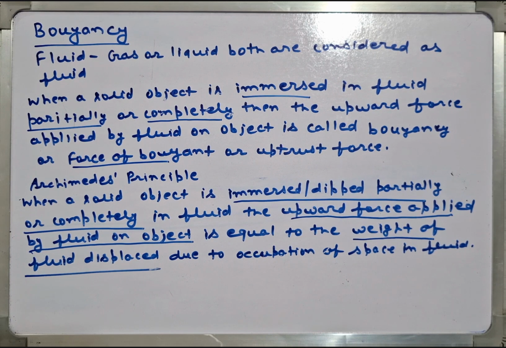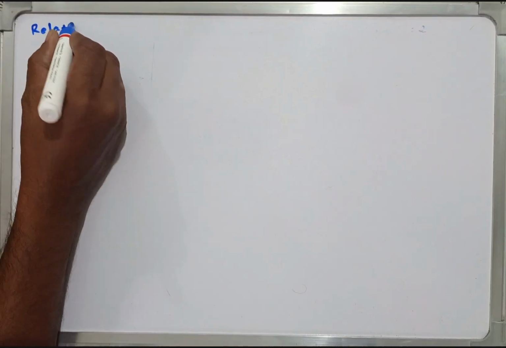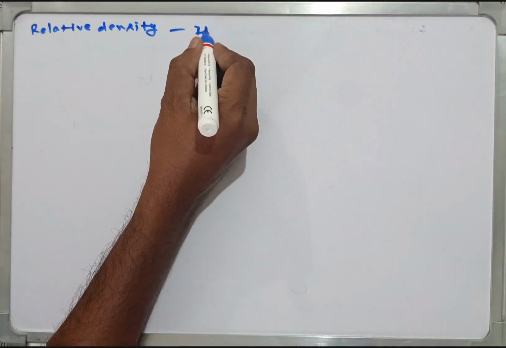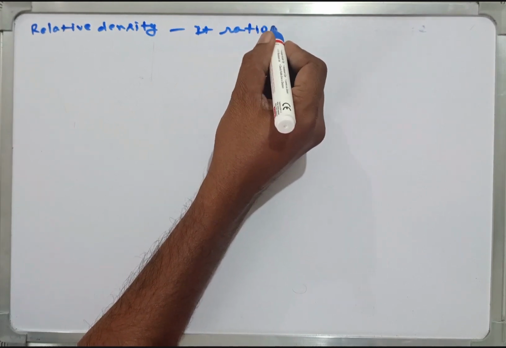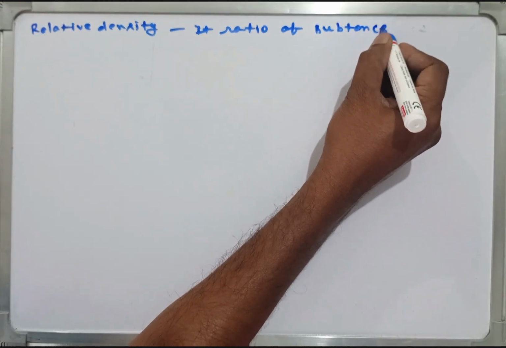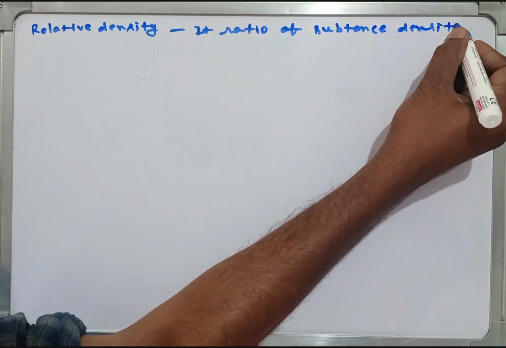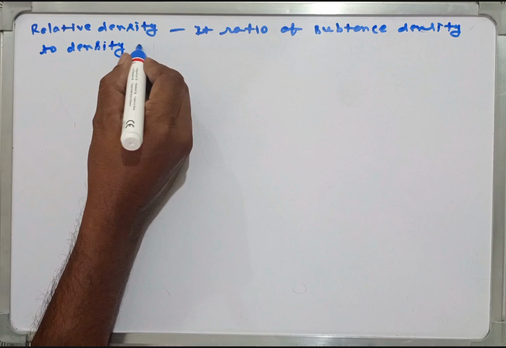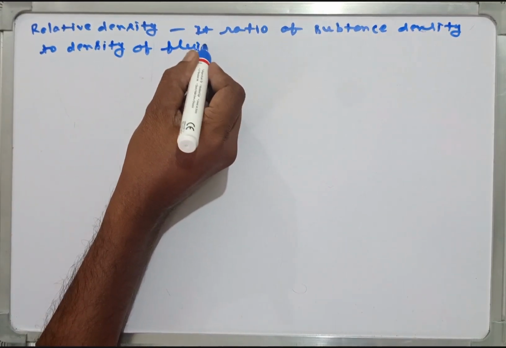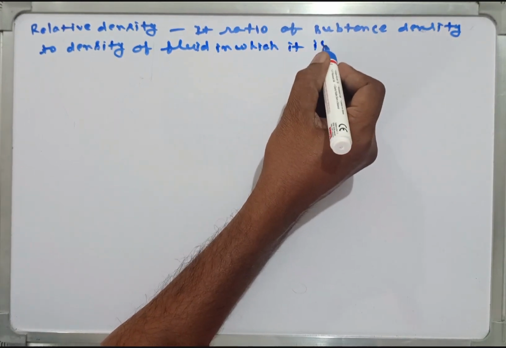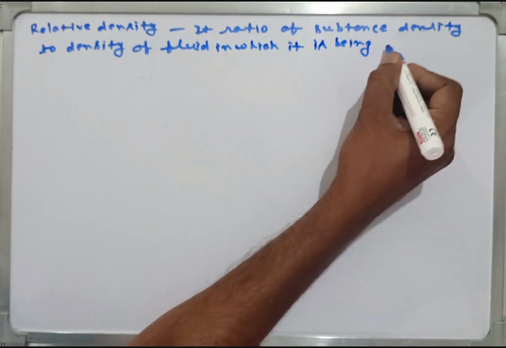So see, relative density. Relative density is the ratio of the density of a substance to the density of the fluid in which it is being dipped.